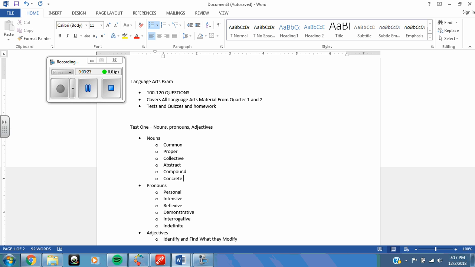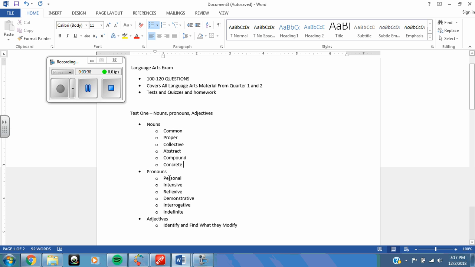Once again, you will probably see sentences where I say, find these types of pronouns in this type of sentence. And then, of course, adjectives, you'll have to identify them and find what they modify. So that's what was covered in your first test.